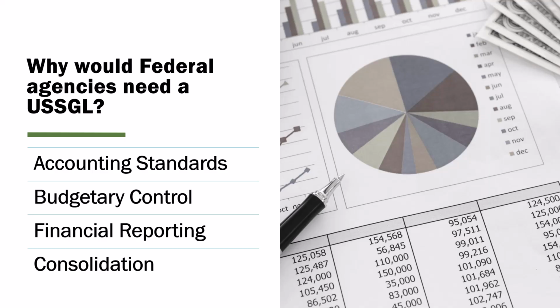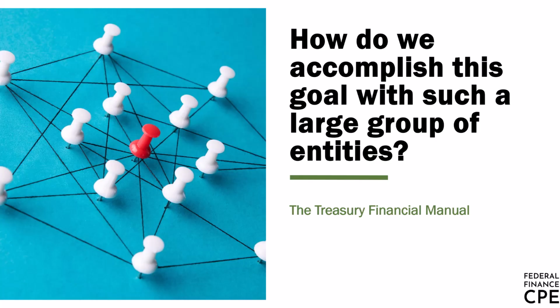And not only just for your department, but ultimately these accounts and information get rolled up into the government-wide financial statements. So you really have to ask yourself, how could you accomplish this goal of consolidating and reporting so many large entities if you didn't have one resource that set what to post when?